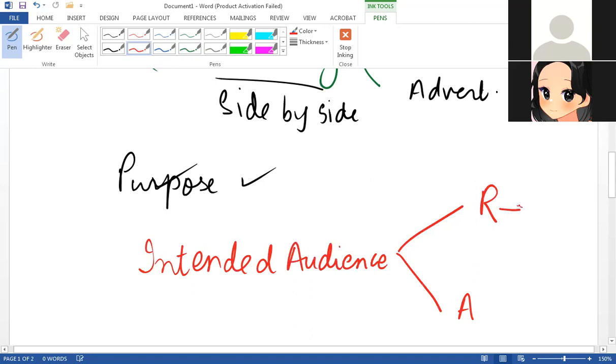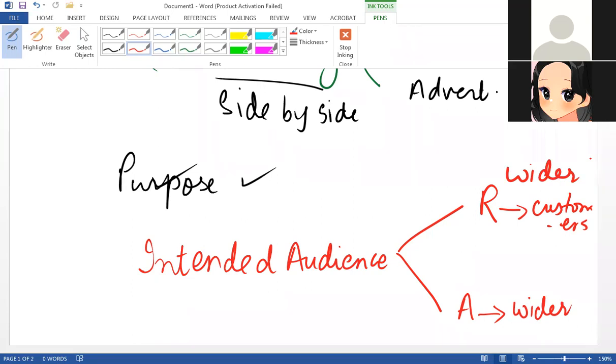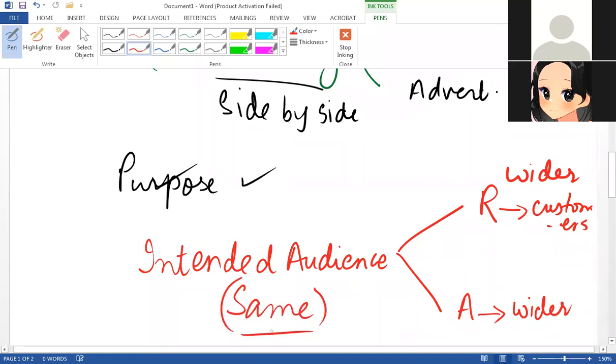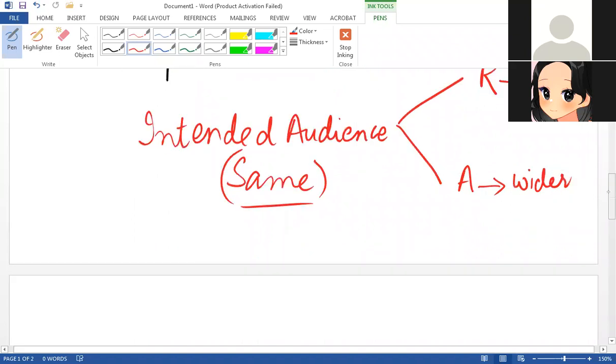The review is for the customers, whether it's worth spending the money staying at such an apartment, while the advertisement has a wider audience. A person who wants to stay at a hotel or an apartment would always check the review. They would go to the website. So the audiences are going to be the same, the similarity. Then we have the register.